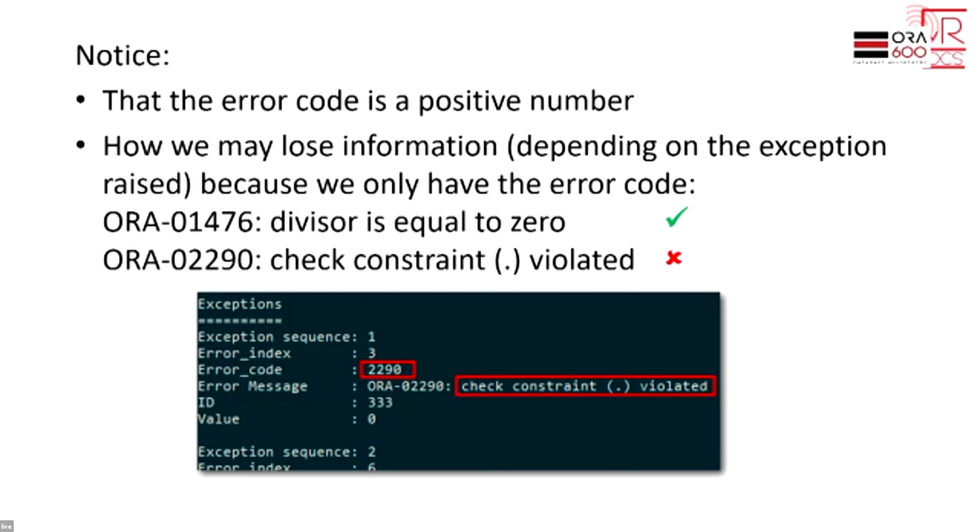All we can do is ask Oracle what kind of error message is related to this number. So, for example, this one, check constraint violated, we have no idea what check constraint. If you have one or two, you will probably easily find out. But if you have 20 check constraints on your table and this is the error that you get, it's a bit of a nuisance.